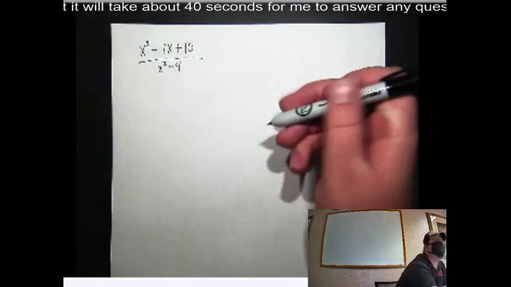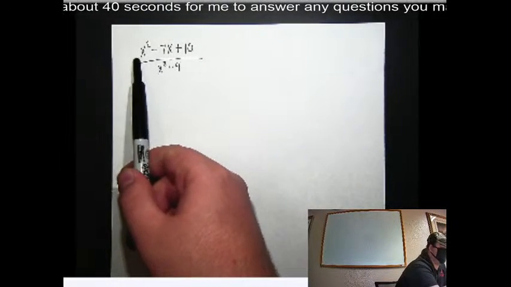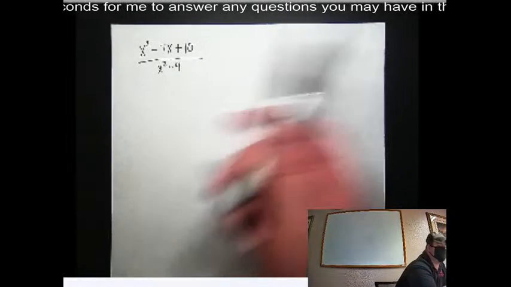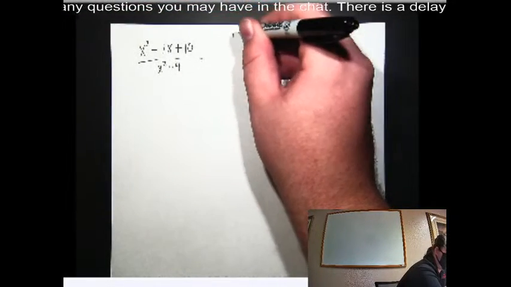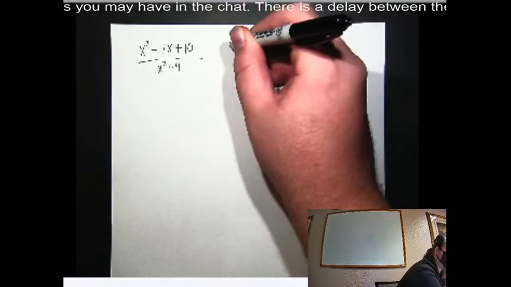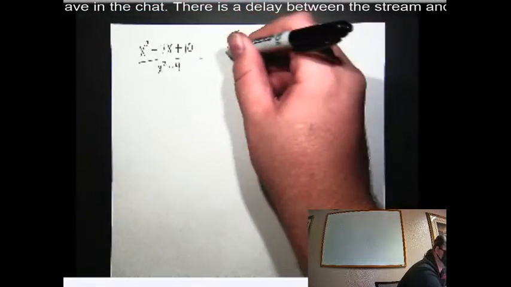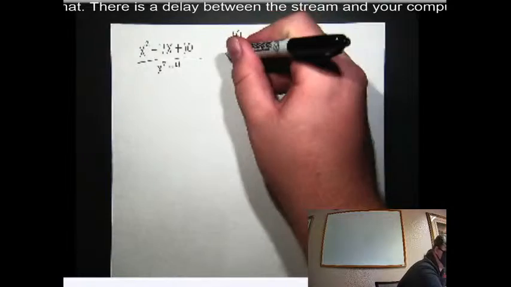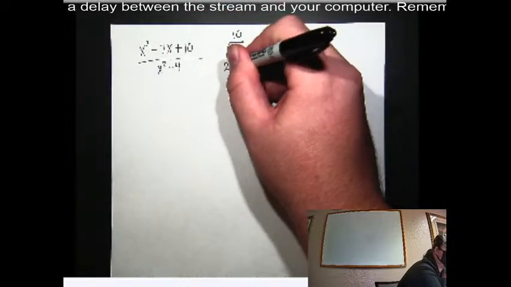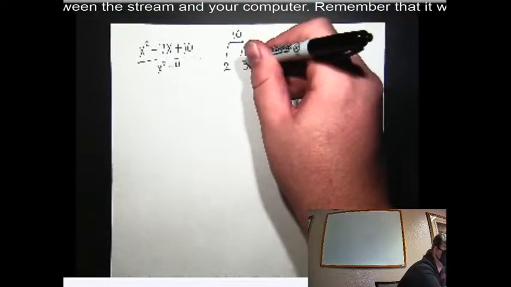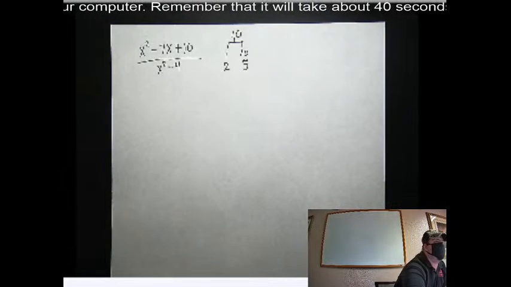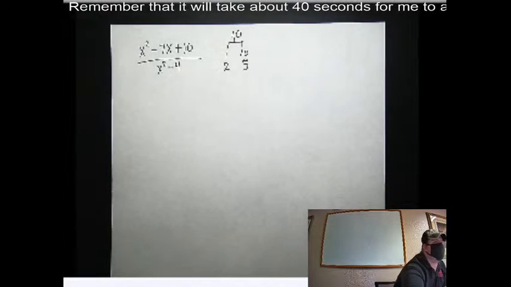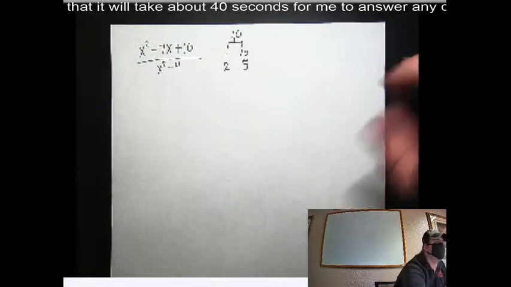AC method, yes. So our A is positive 1, our C is positive 10, so our AC is positive 10, because 1 times 10 is 10. So now we need factors of 10, that would be 1 and 10, 2 and 5. And we need a pair of these that will combine to give us negative 7 here.